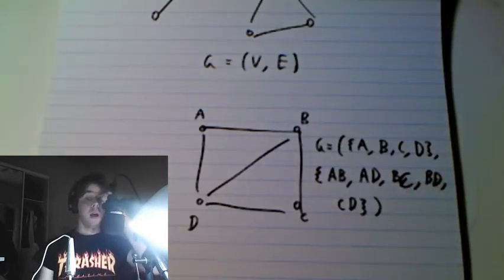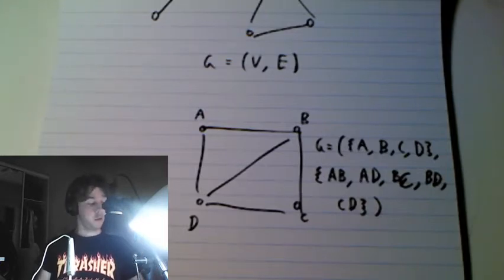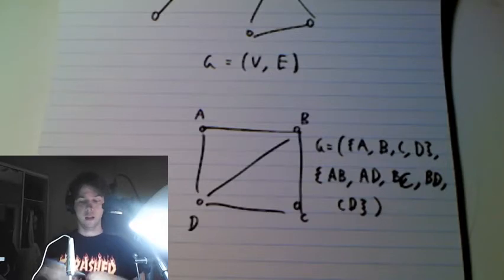Okay. Now in this graph, you could walk through the graph. Now a walk in a graph is a set of vertices that you step through.